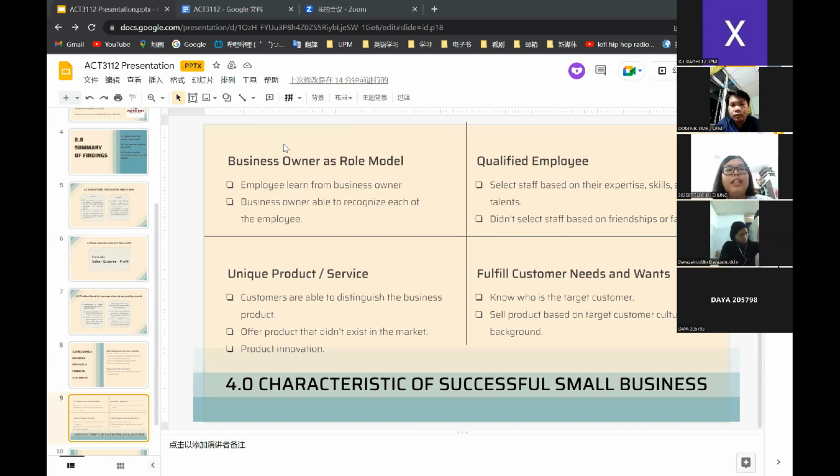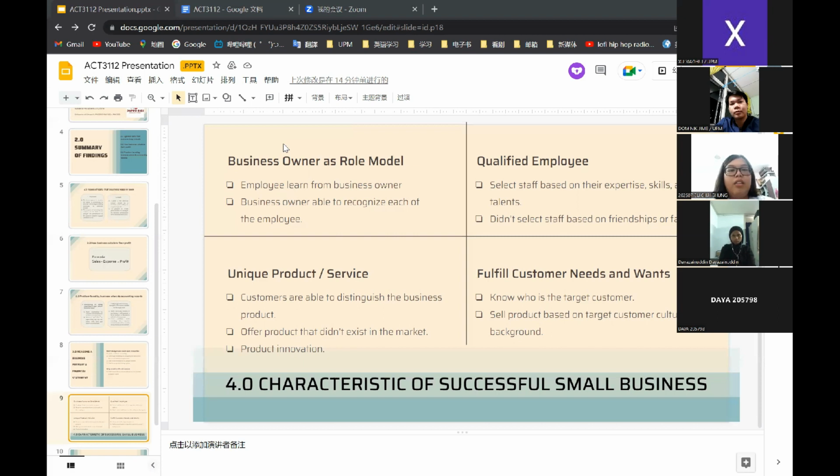Therefore, to succeed, small businesses should be able to capture their potential customers by offering a product that hasn't been offered in the market, or by innovating on the product to gain a competitive advantage. For example, Double BB offers porridge in different flavors, which other competitors find difficult to copy, as each restaurant has a different recipe.